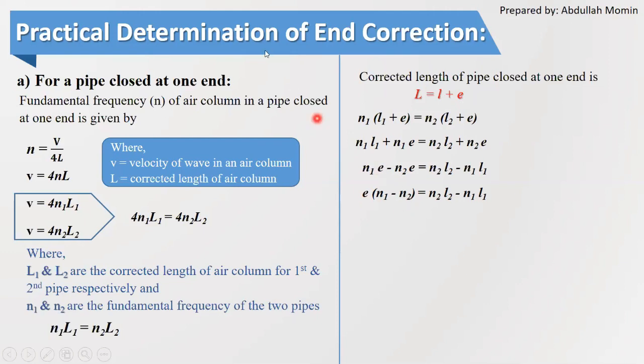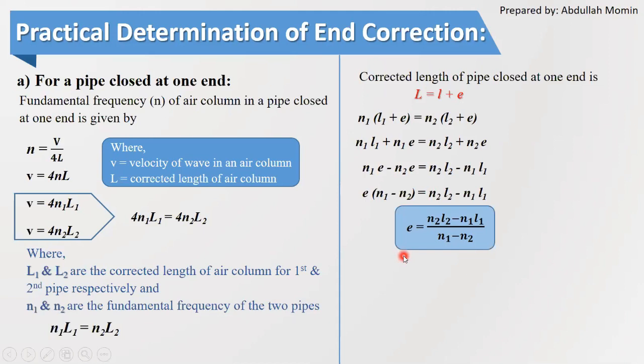So this bracket term will go to the other side of the equal sign and become a division. So the next step of this equation can be written as E is equal to N2L2 minus N1L1 as it is. This bracketed term comes to the other side and becomes a division, that will be N1 minus N2. So this is the formula of end correction when a pipe is closed at one end.